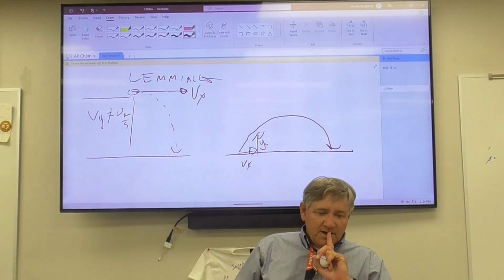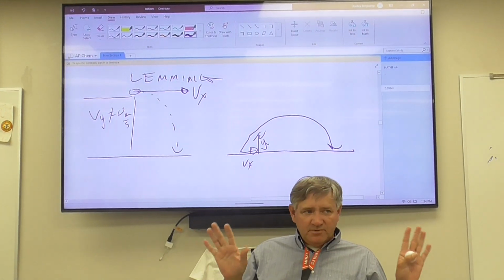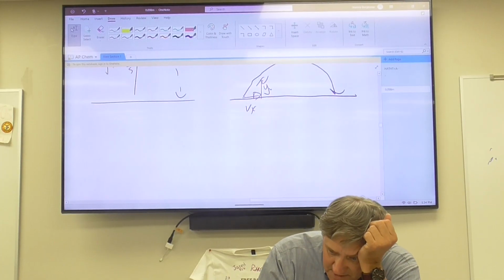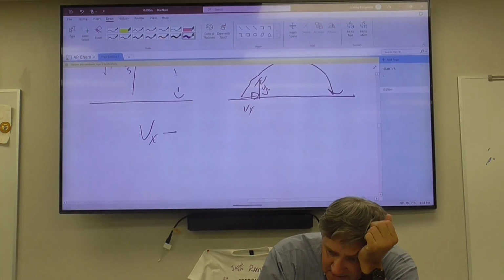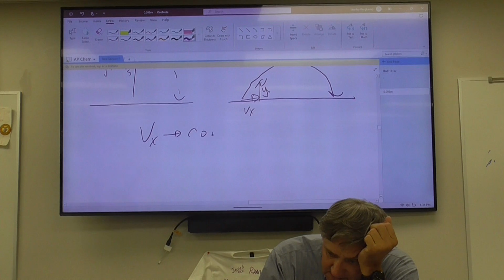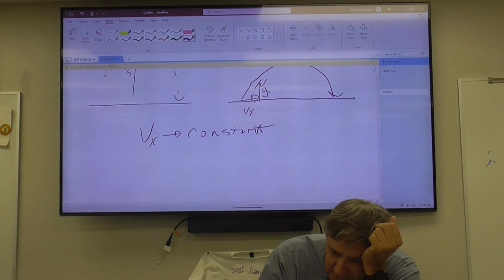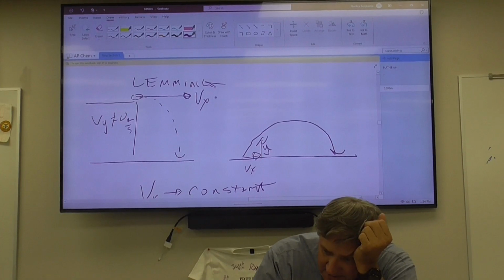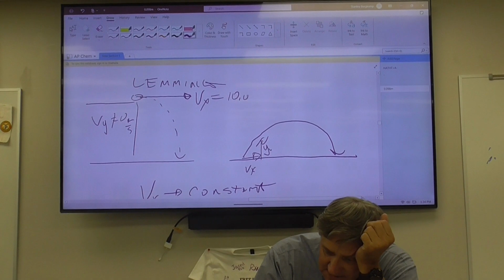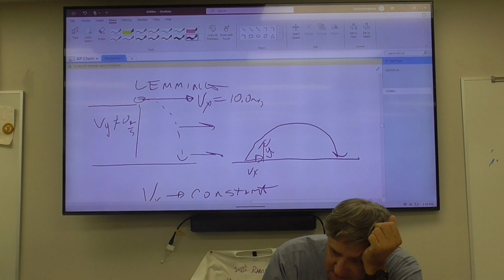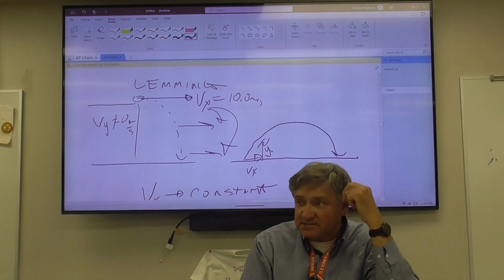So, here's the key assumption that we're going to make about Vx. We're going to assume that your Vx stays constant. If I shoot a cannonball out, and that Vx is, say, 10 meters per second, then we're going to assume that as it flies through the air, that Vx is not going to change.